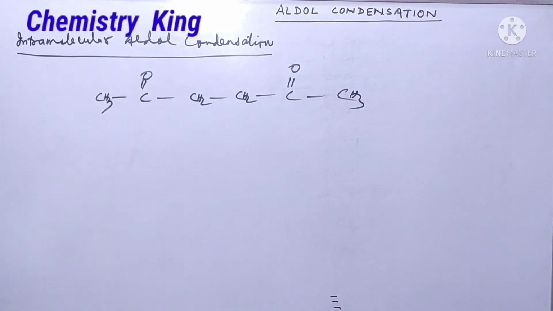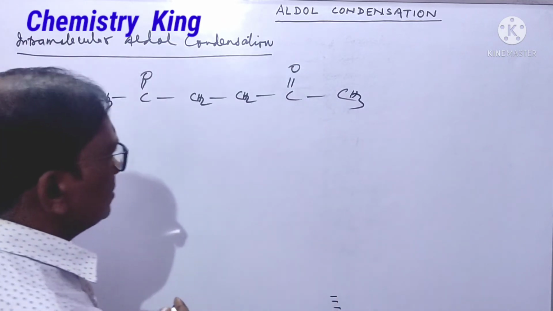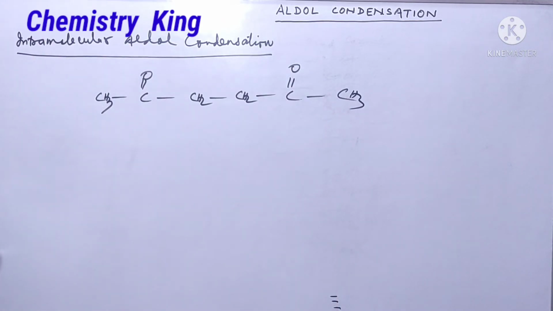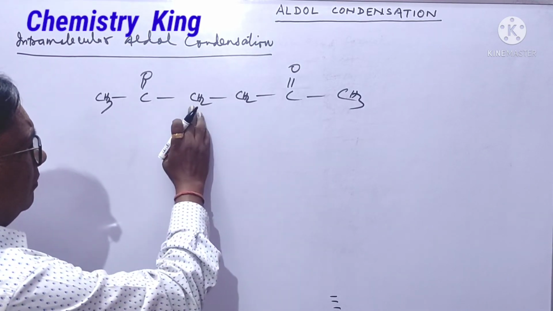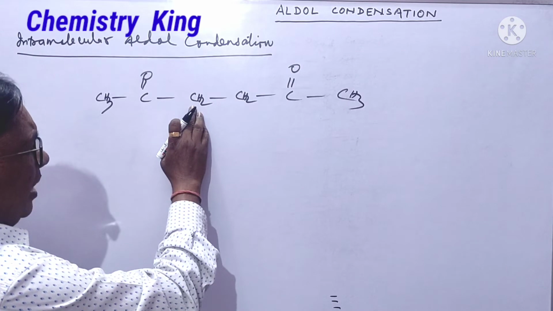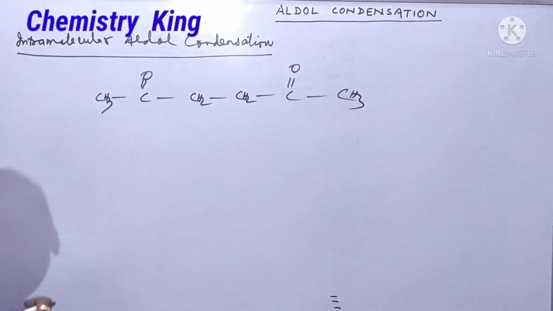First of all, in the first stage, carbanion is formed. Carbanion is not formed here, but carbanion is formed here or here.